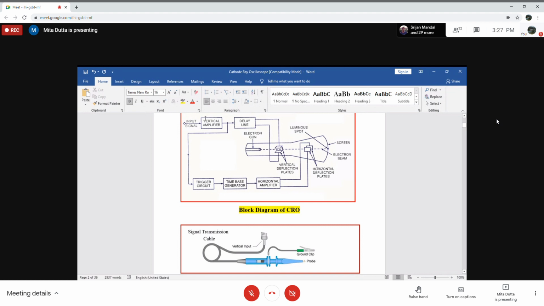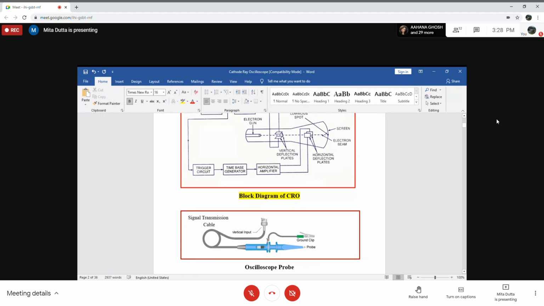Then we have a vertical deflection subsystem, which consists of a vertical amplifier and a delay line. Next we have a horizontal deflection subsystem, which consists of a trigger circuit, time-base generator, and horizontal amplifier. And we have an oscilloscope probe, and this is a signal transmission cable.